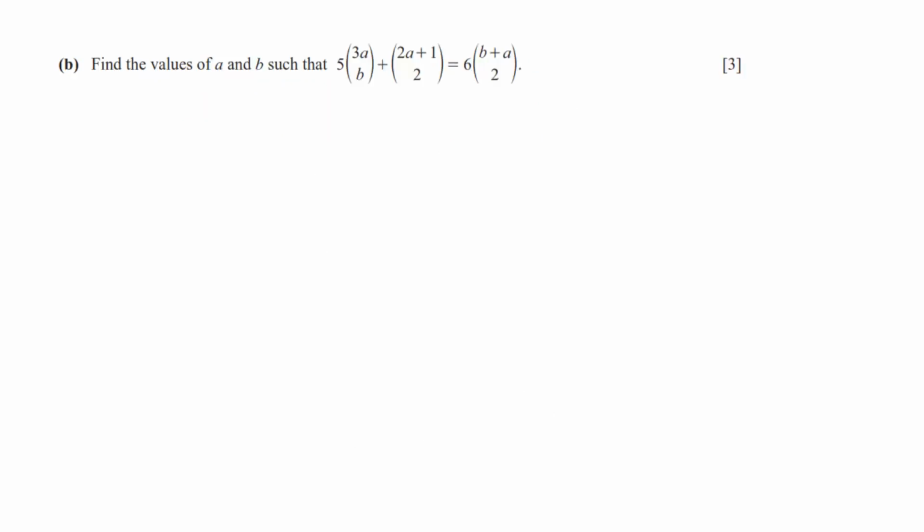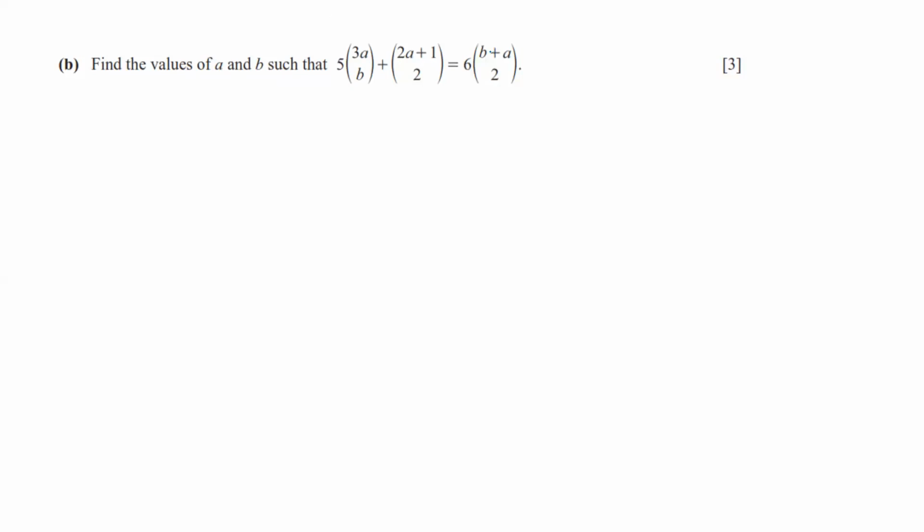Next part B says find the values of a and b such that the two given vectors are equal. This is actually an addition of two different vectors, the simple parallelogram law.